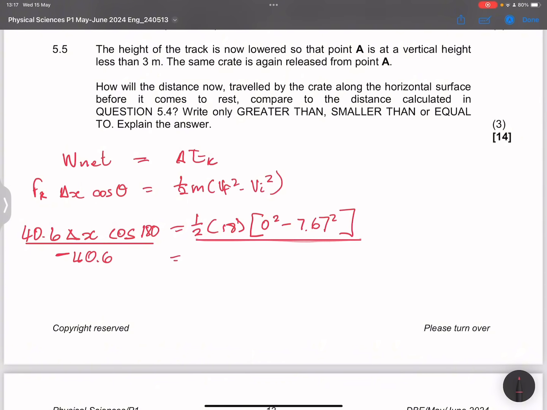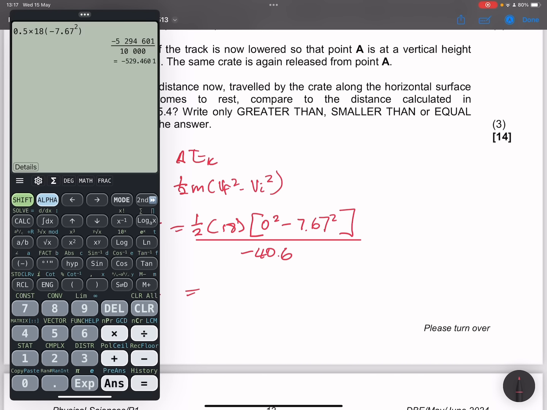What I do on the left, I do on the right. Okay, so this cancels out that whole thing. And so the displacement that I will get there, so this is divided by negative 40.6, I get a value of 13.04 meters.